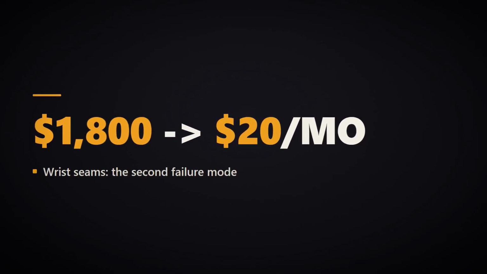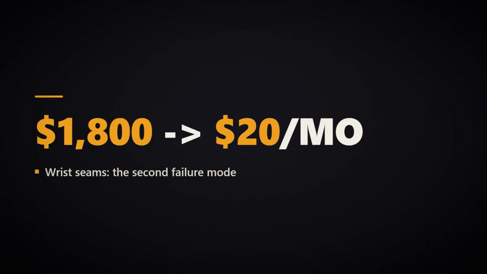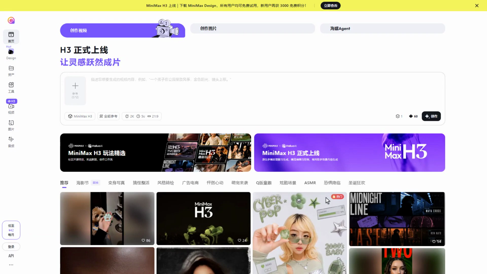Lighting mismatch between the face reference and the body plate is the third, and the fix is generating 3 body plates in slightly different lighting conditions rather than fighting the compositor. Fourth, credits. A MiniMax Pro subscription runs around $20 a month on the current tier, and 40 inpainting runs will burn through your daily allotment fast. Batch your persona work into a single sitting, or expect to wait it out overnight.